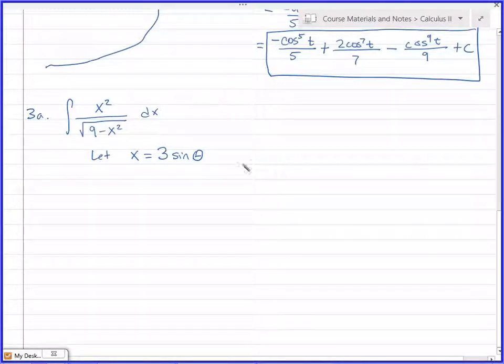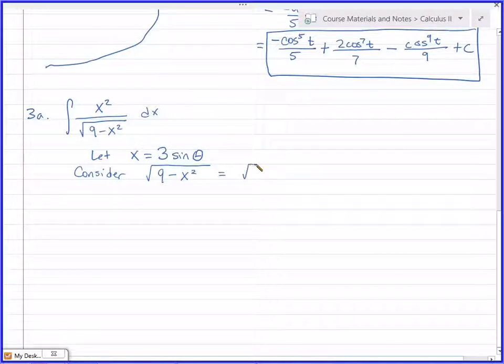Okay, let's see, what do we need to know? We need to know how to simplify this. So consider the square root of 9 minus x squared.